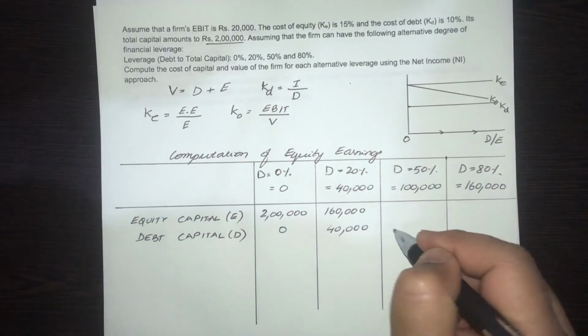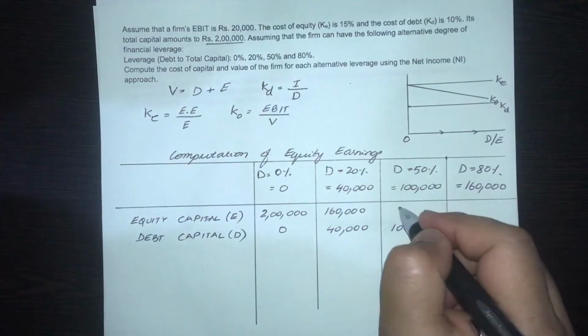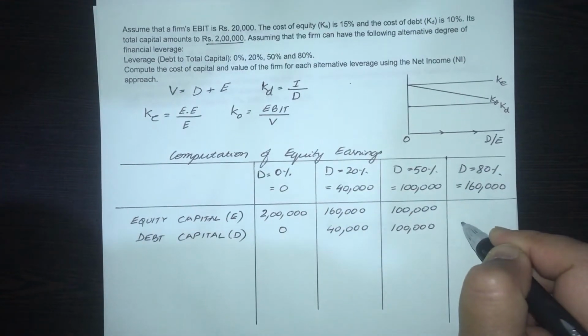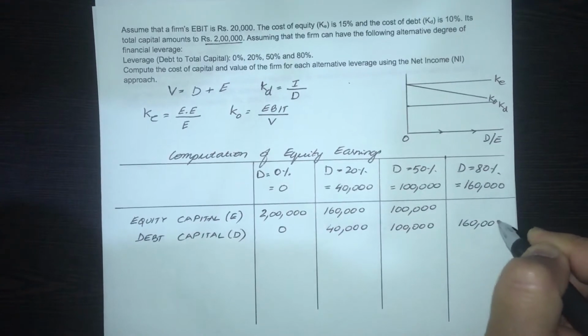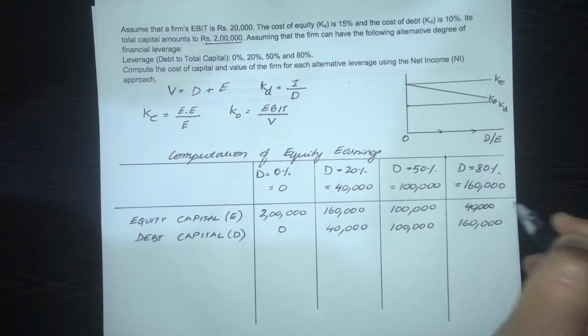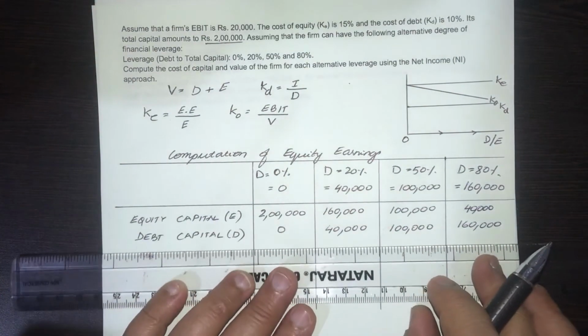Here the market value of debt is 1 lakh, so obviously the market value of equity will also be 1 lakh. Here the market value of debt is 1,60,000 and the market value of equity will be only 40,000.